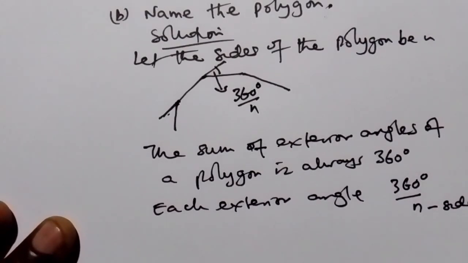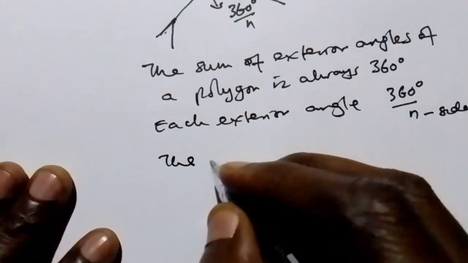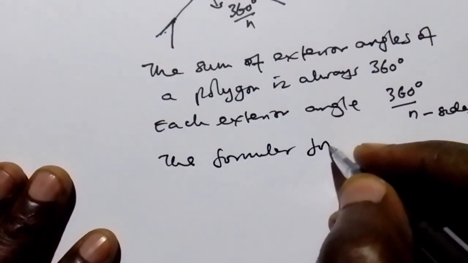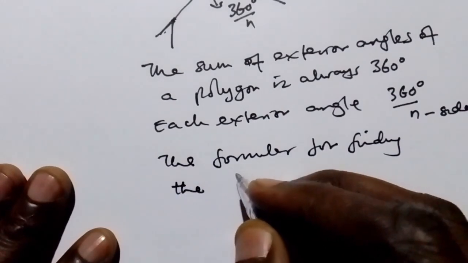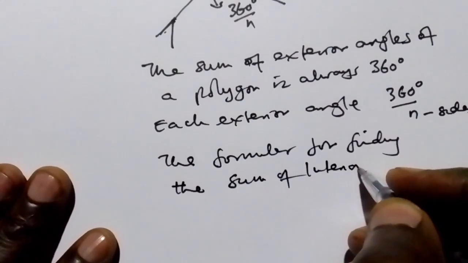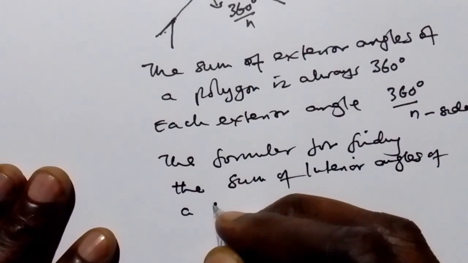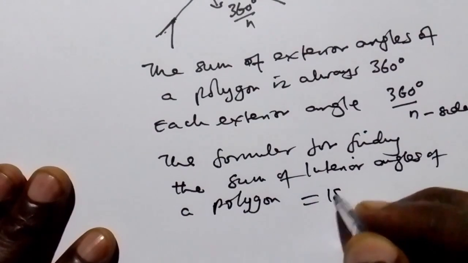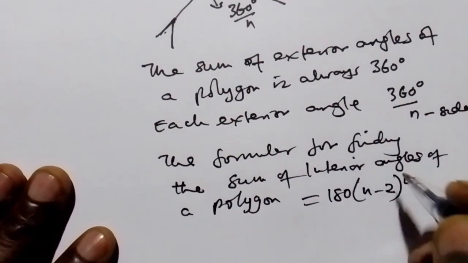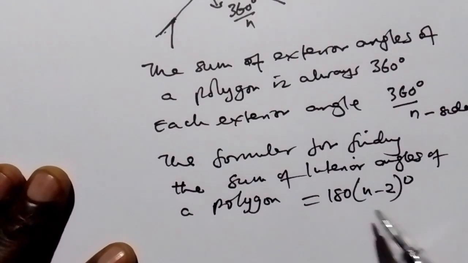The formula for finding the sum of interior angles of a polygon is given by 180 into bracket n minus 2 degrees.